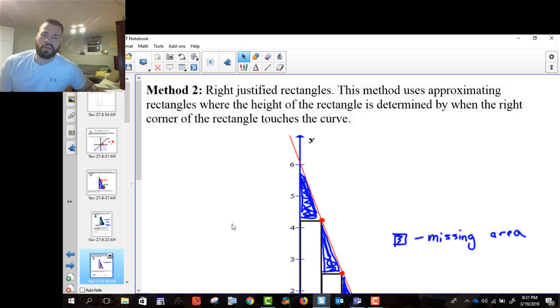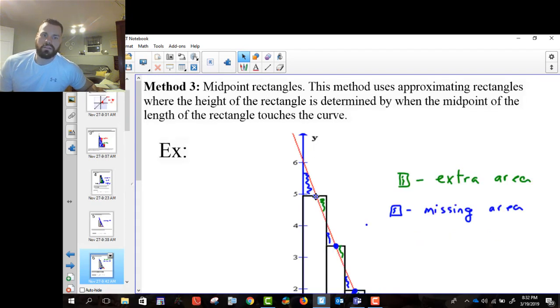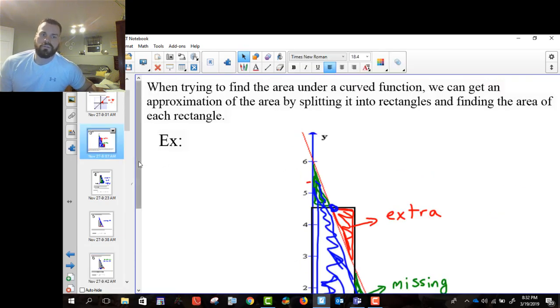Right justified rectangles, we'll come back in a second, are on the right. The top right corner of the rectangle hits the curve, so the height is defined by the right side of it. And then there are midpoint rectangles. In midpoint rectangles, the height is in the middle. It touches the curve in the middle. Okay, so we're just going to talk briefly about how to use each one of those.